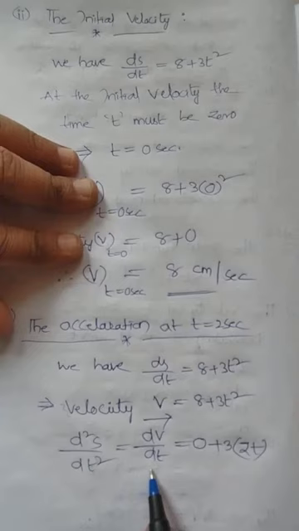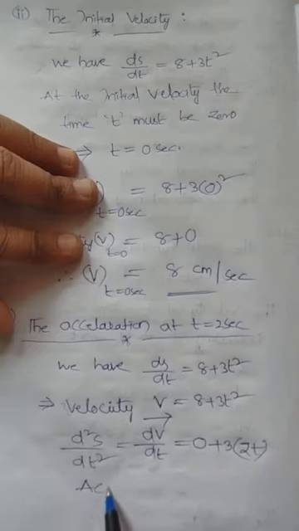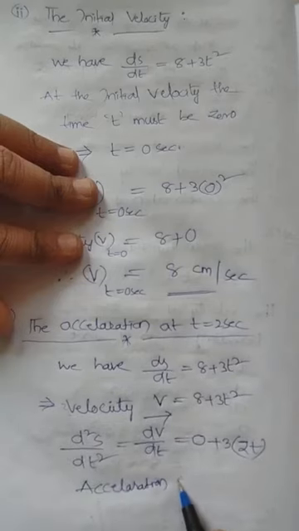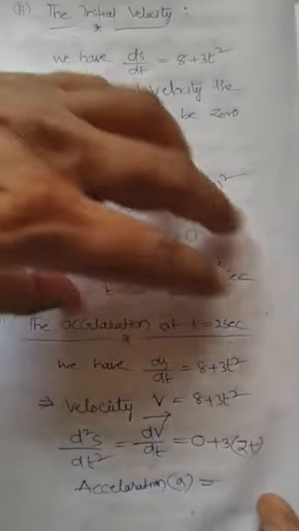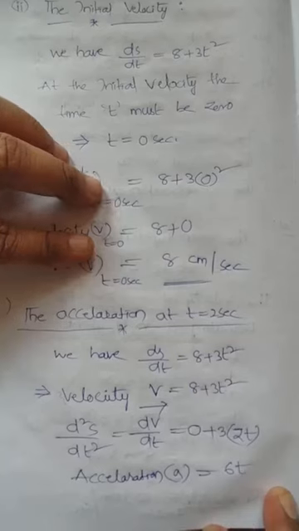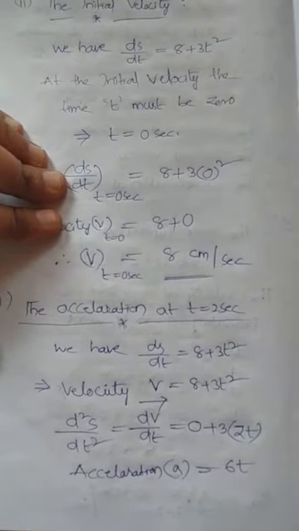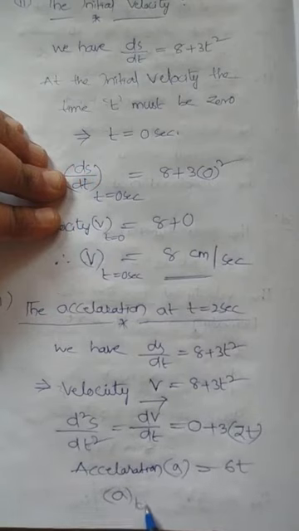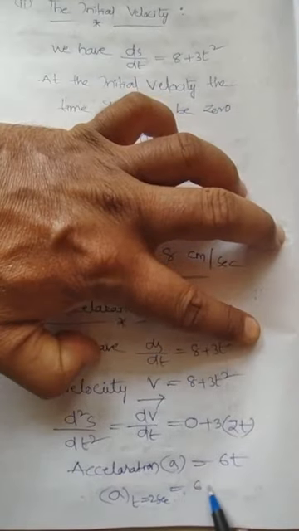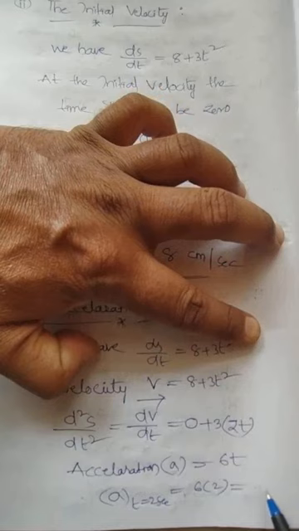So the rate of change of velocity is the acceleration, a = 6t. But we are asked to find the acceleration at t = 2 seconds, so we substitute t = 2: 6 × 2 = 12.